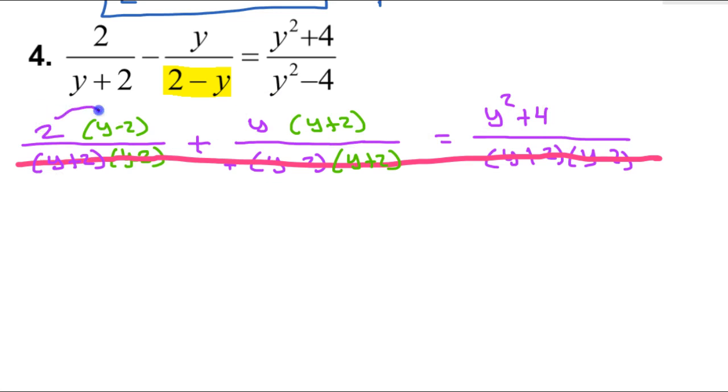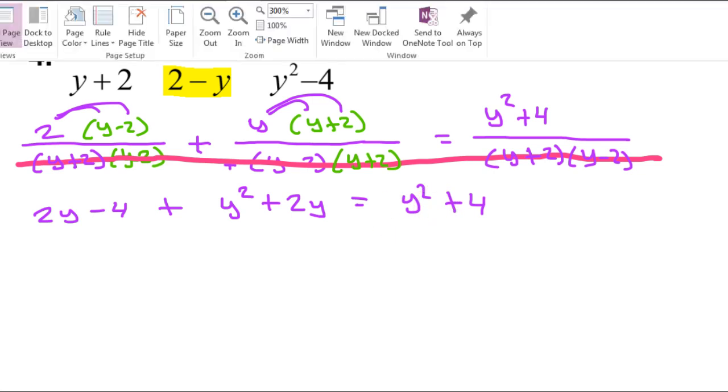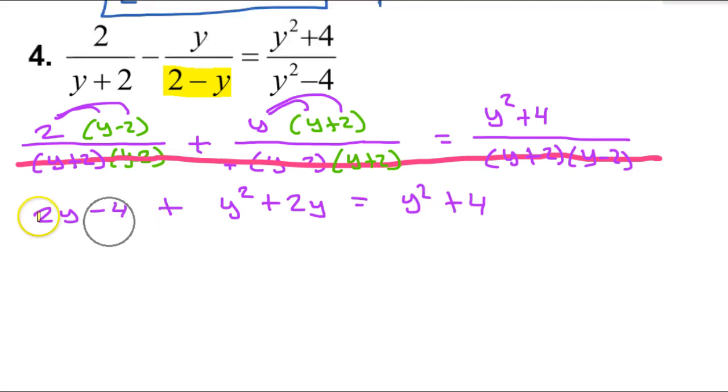Now I'm going to go ahead and do the distributive property. So that's going to give me 2y minus 4 plus, I'll do the distributive property here, that's going to give me y squared plus 2y is equal to y squared plus 4. So let's do like terms next.